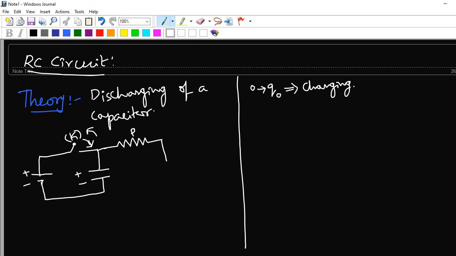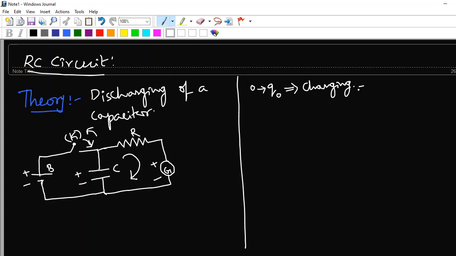For example, this is R and this is C. This is battery B. While discharging, we are measuring the charge flow using a device called a galvanometer. For example, this is positive and this is negative. When we open this circuit, the charge will be discharged from the capacitor through the resistor and the galvanometer, and during discharging, this galvanometer measures the charge flow.